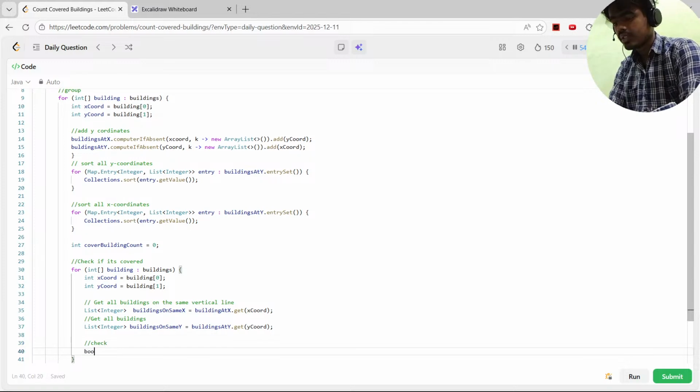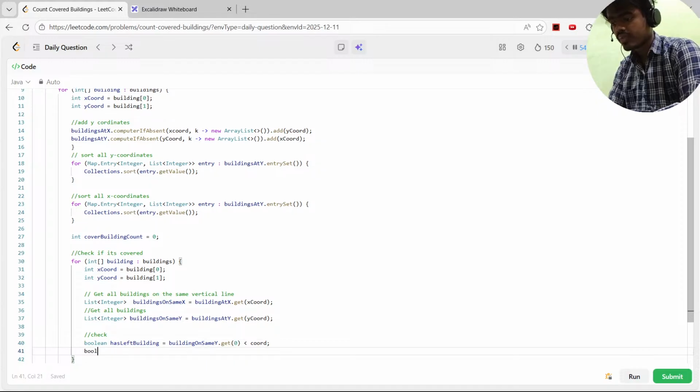Then firstly we have to write boolean has left. Building is equal to building on same y dot and right less than coordinates. Boolean, wait, you copy this.